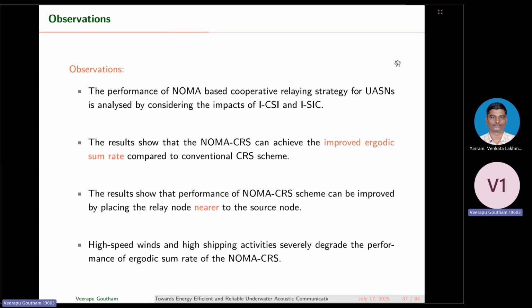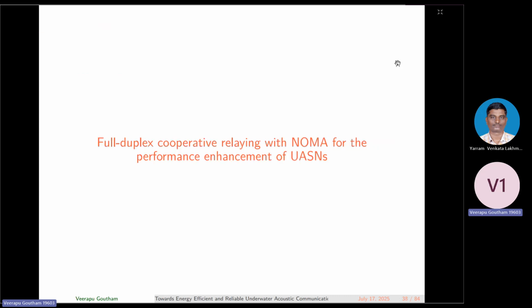That's what we understood. If the relay node is here, we get a better data rate. If it is nearer to the far user, we get less performance. Then high speed winds and high shipping activity severely degrade the performance. These are the observations we got, published in IEEE Access.